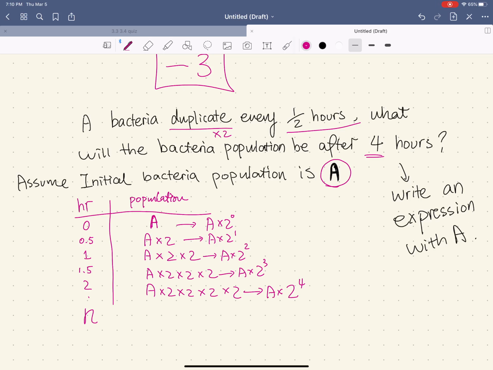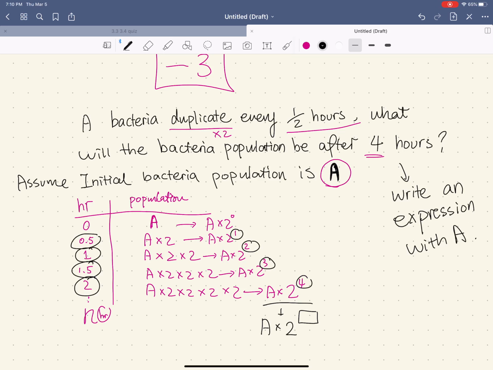After n hours, let's see the relationship between the hour and the exponent here. Let's see what's not changing. What's not changing here is A times 2 to the power of what? The exponent is changing. When the hour is 0.5, we have 1. At 1 hour, we have 2. At time 1.5, we have 3.